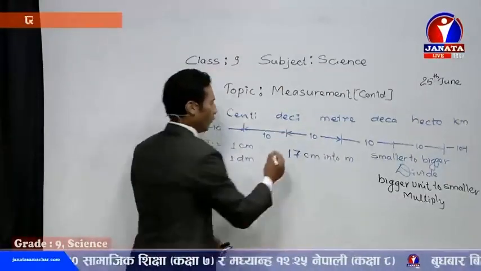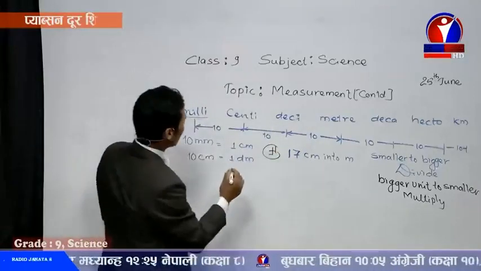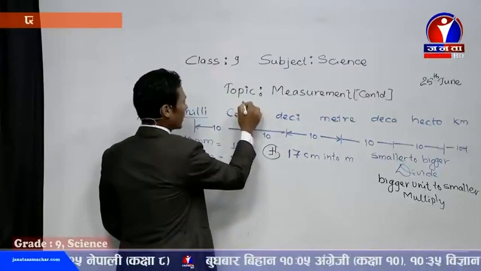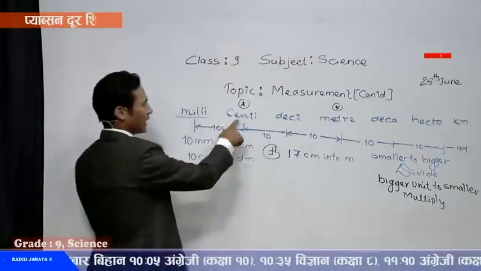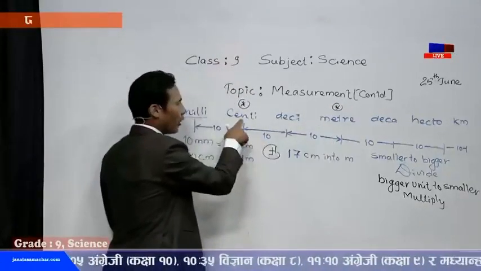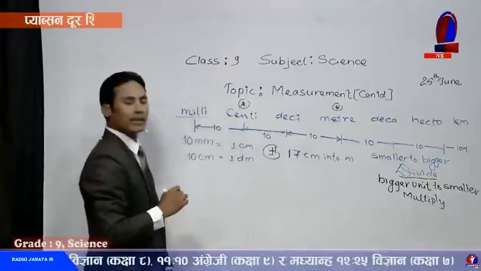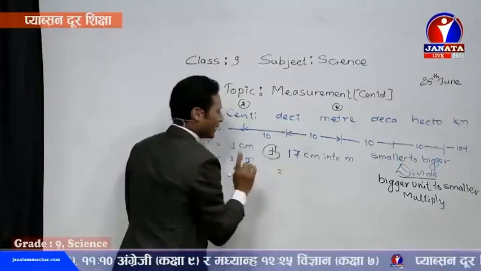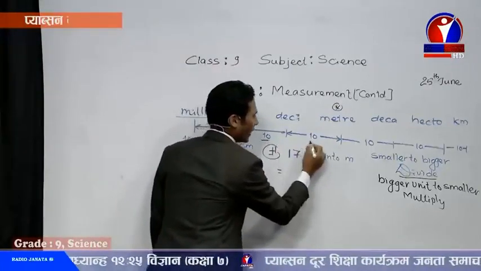Let's check. So we have the question, 17 centimeter into meter. Centimeter is here and the meter is here. So centimeter to meter is smaller to bigger, so we need to divide. Now which number is there for dividing? How many tens are there? 1 and 2.